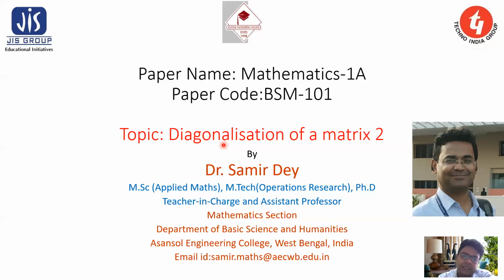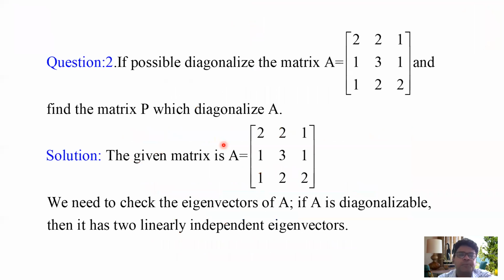In the last lecture I used one 2 cross 2 matrix. In this lecture I will discuss whether the given matrix is diagonalizable or not with the help of a 3 cross 3 matrix. Let's see.